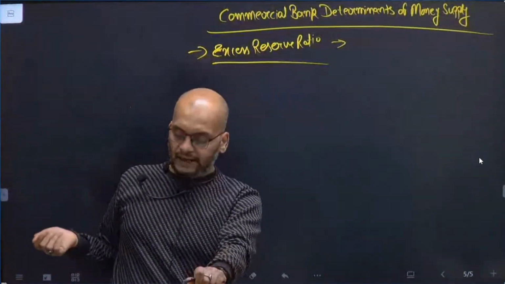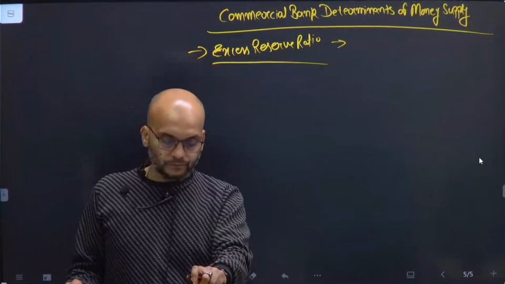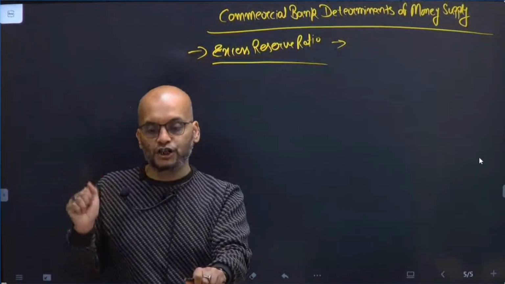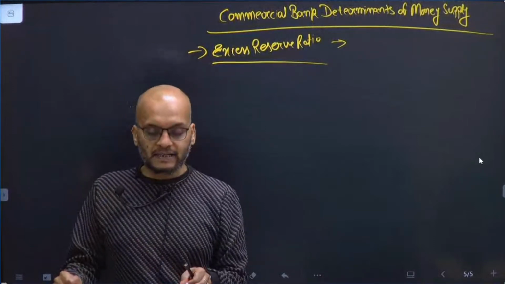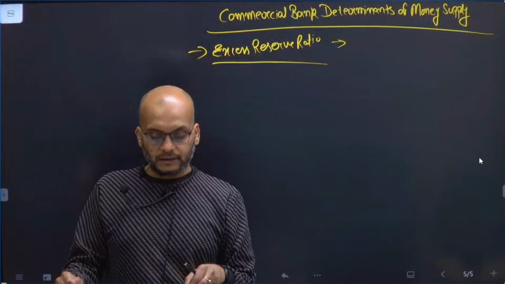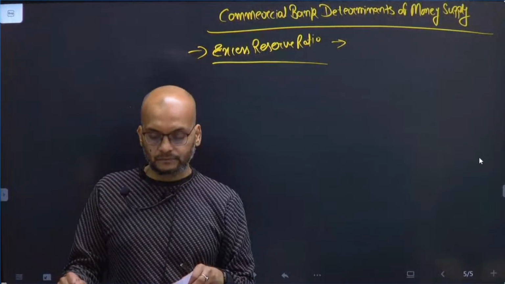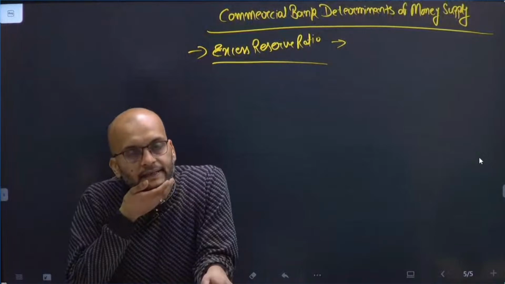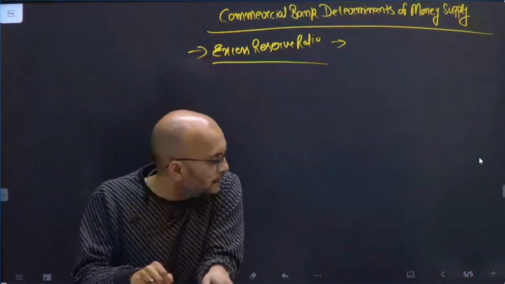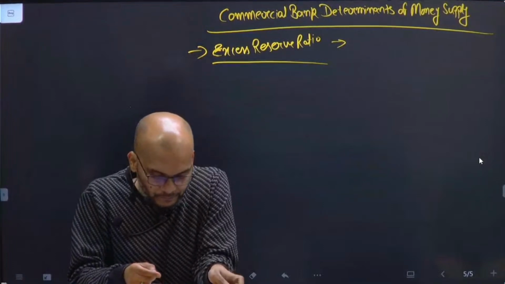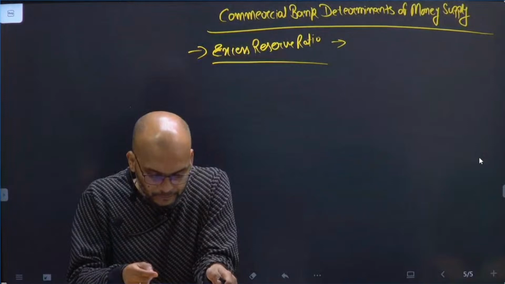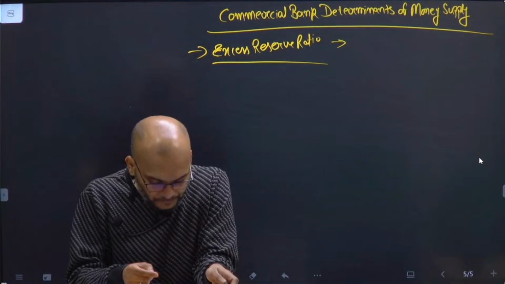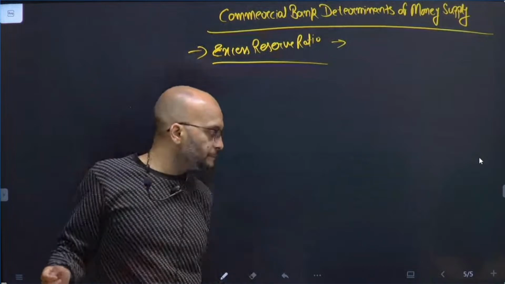So write down, on the other hand, lower excess reserve ratio increases the money supply in the economy. Understood? Clear, everyone?